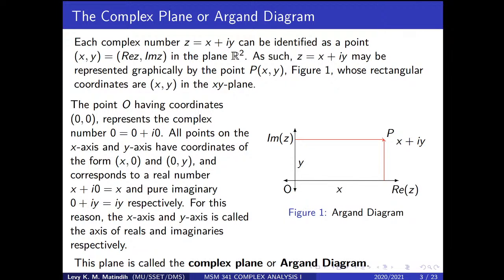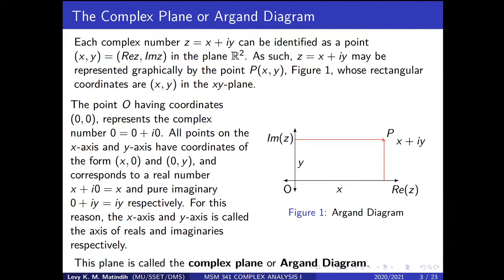That's why we represent them as coordinates (x, 0) and (0, y). These coordinates correspond to complex numbers. For a point like (x, 0), the real ordinate is non-zero but the imaginary ordinate is 0, so we write it as x plus i0, which is just x.